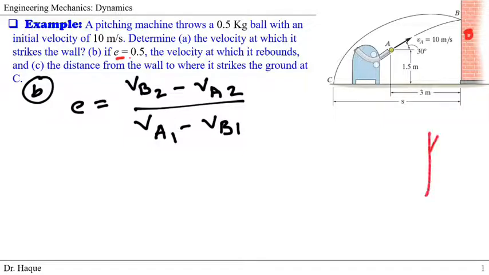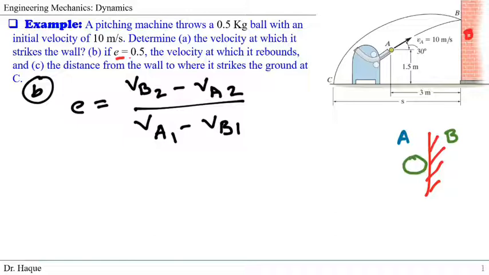Let me write it down here. This is my wall, and let's assume this is my ball when it's hitting the wall. So I can call my wall B and my ball A. The 0.5 kilogram ball is A.